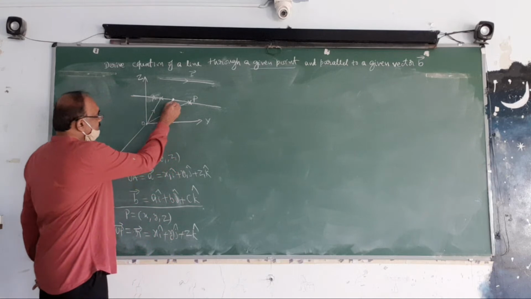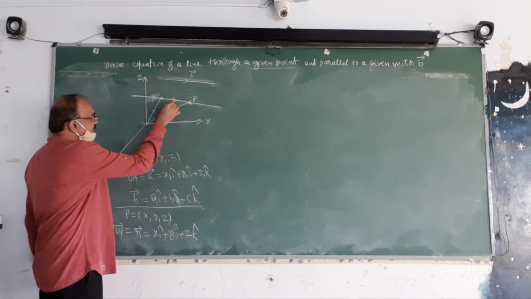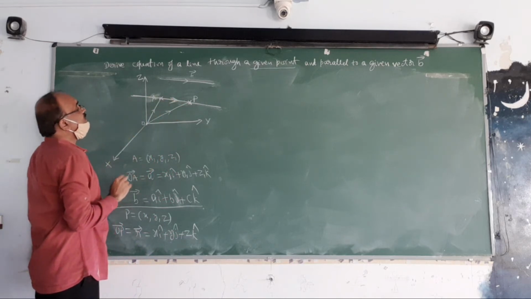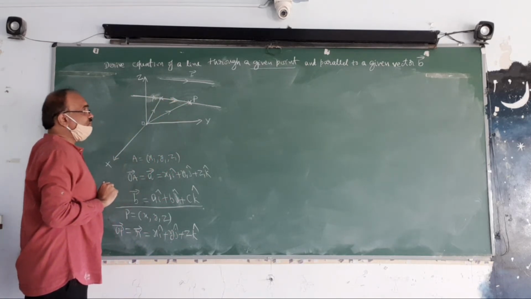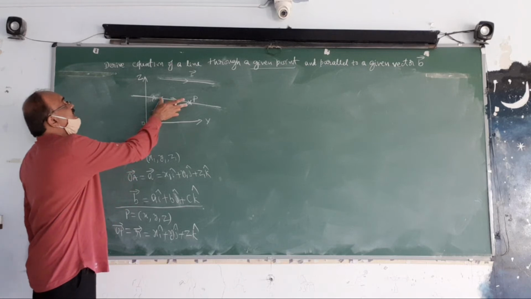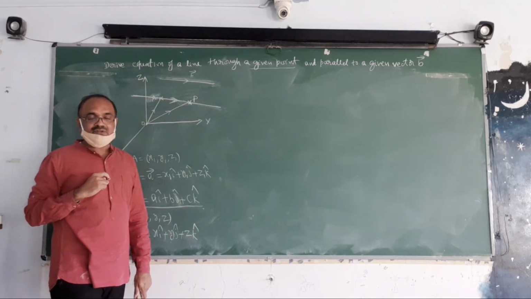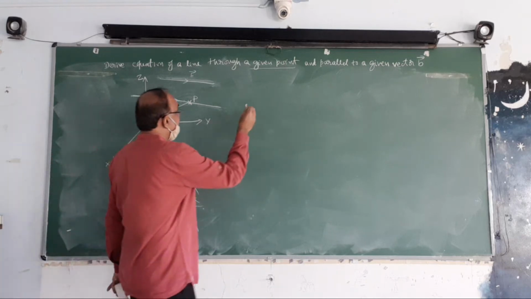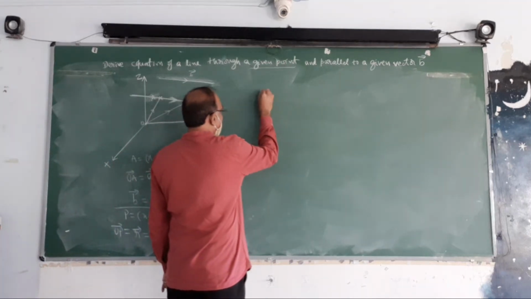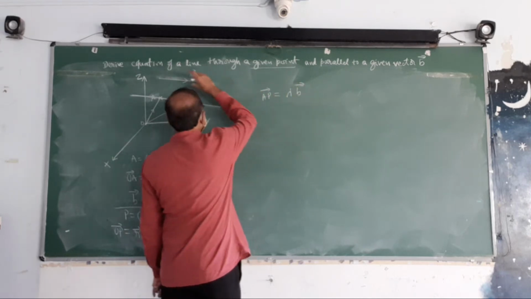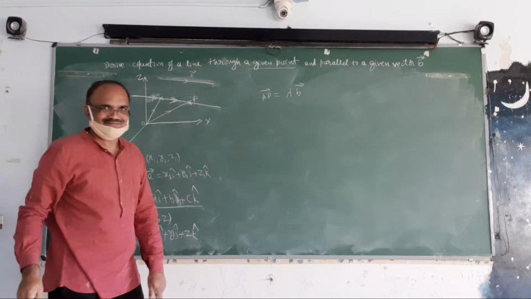Now you have got a triangle here. You call this AP. Now there are two equations that you will write. First thing is, this is parallel to this, yes or no? If two vectors are parallel, you can write vector AP equals lambda times vector b, some scalar multiple of this.